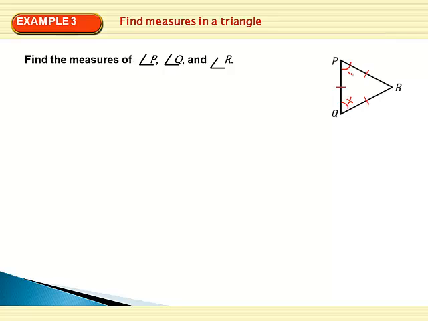I can call this X, I can call this X, I can call this X. And if I add all three of these together, 3X is going to equal 180 degrees, because that's what the triangle sum theorem states. Divide by 3, that means each one of these angles will measure 60 degrees. So equiangular and equilateral triangles are always going to measure 60 degrees at the angles.